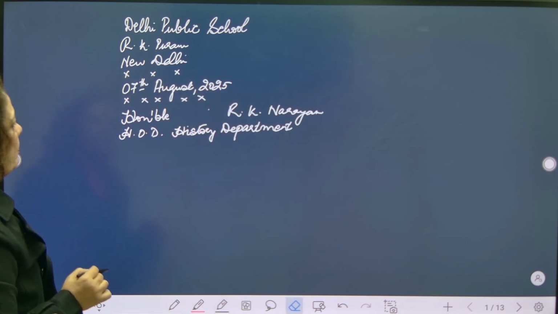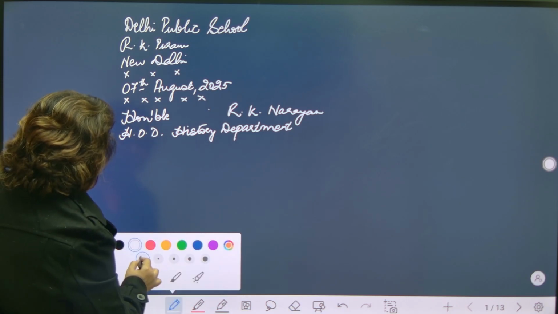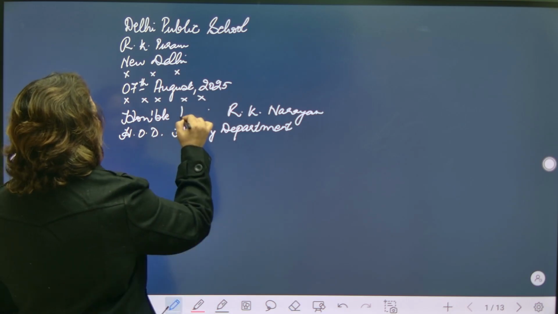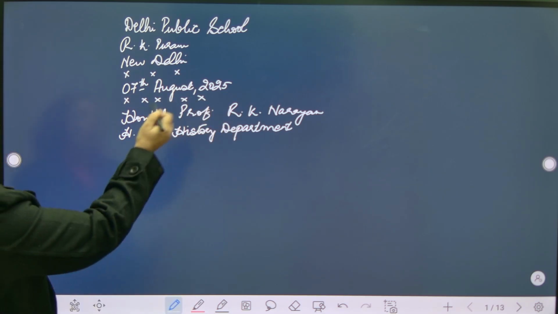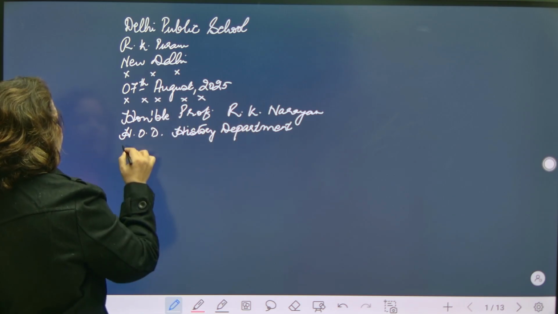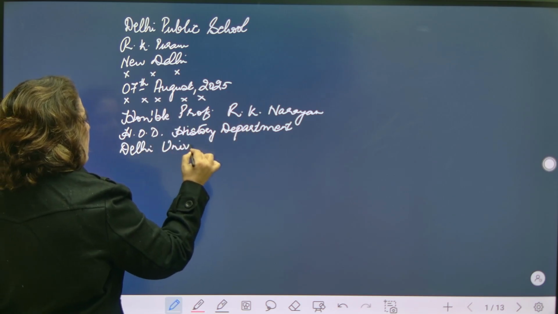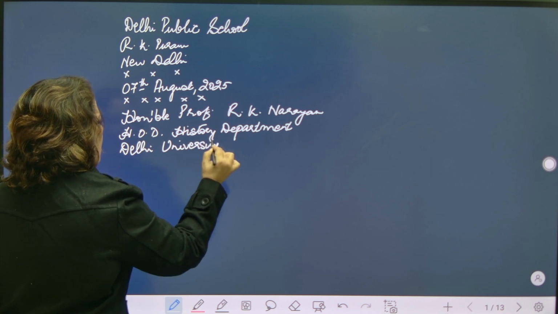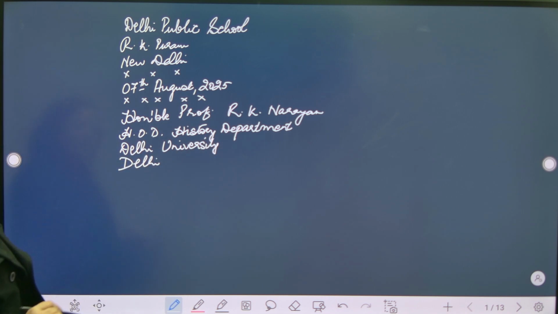If we are talking about some university or college, then I think instead of Shri, I should write Professor or Doctor. Fine. Honorable Professor R.K. Narayan, HOD, History Department, Delhi University, Delhi. Fine. This is done.